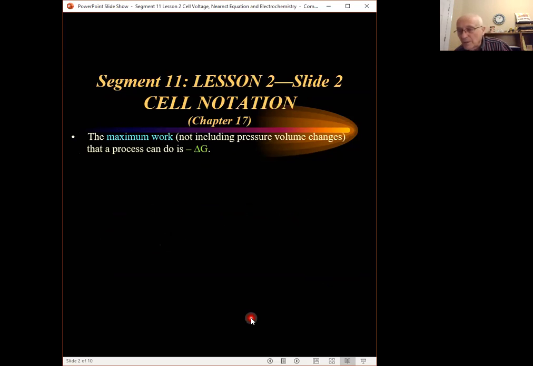Now, I want to show you a neat thing. We talked about the free energy function. Let's review. The change in internal energy during a reaction has to do with the differences in the bonds that are broken and formed in the reactants and products.